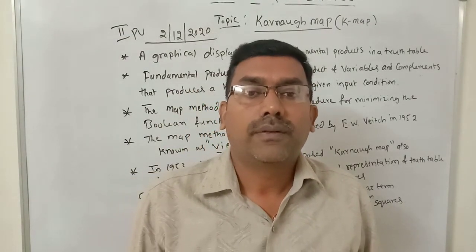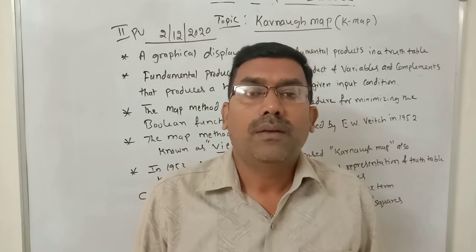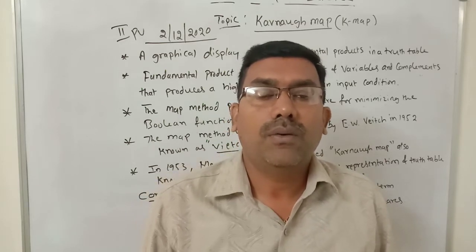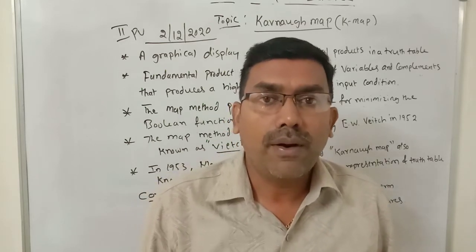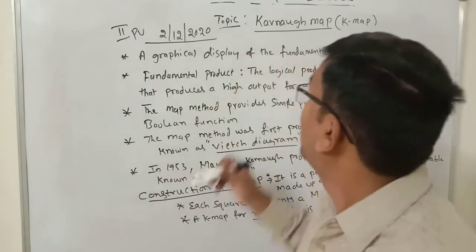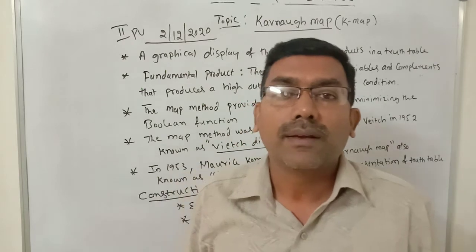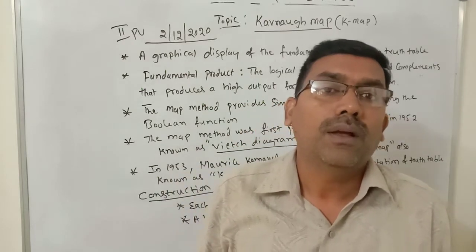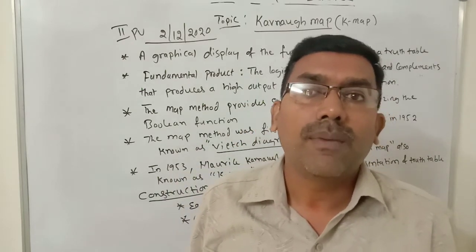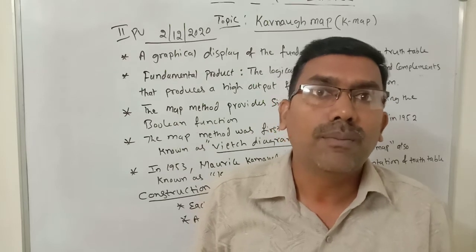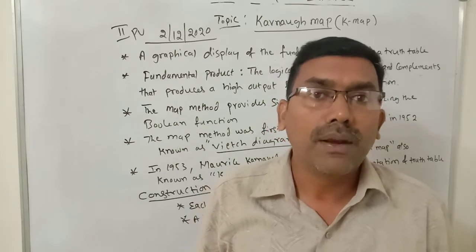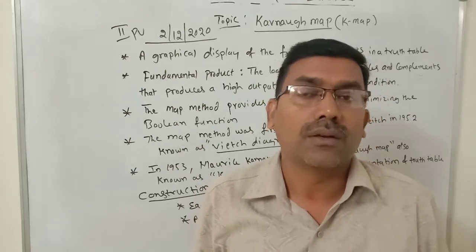Good morning, students. Today we will discuss a very important topic called Karnaugh map. It is also called K map. The main purpose of using K map is to reduce or minimize the Boolean expression.